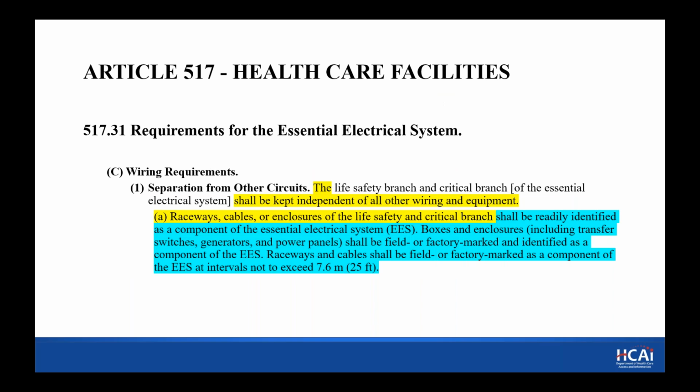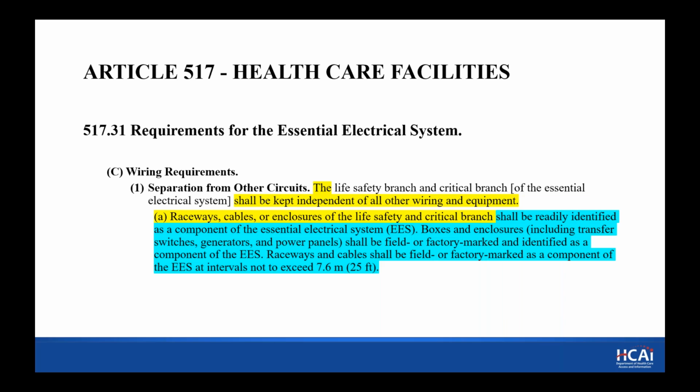Article 517.31 has been revised. Essentially, we know that the life safety and critical branches shall be kept independent of all other wiring. Raceways, cables, or enclosures for life safety and critical branch shall be readily identified as a component of the essential electrical system. It doesn't go into detail of how to identify it, but it needs to be clearly identified.